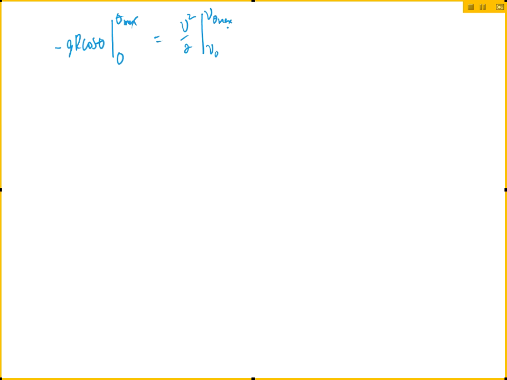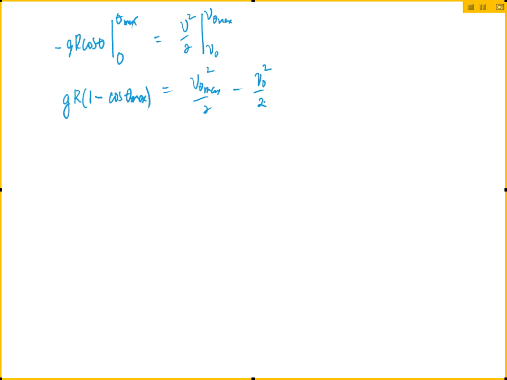I am going to get rid of the negative sign by inverting the limits, right? So it's going to be g r, cosine 0, which is 1, minus cosine theta max. Okay with that? Must be equal to v theta max squared over 2 minus v naught squared over 2.